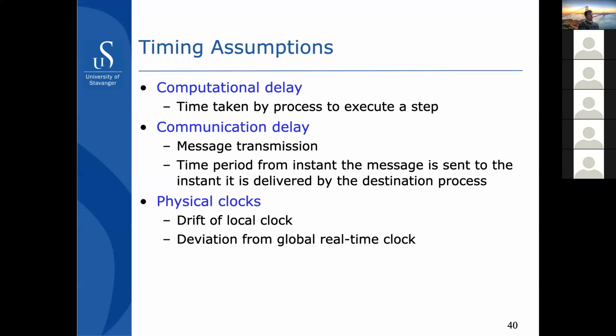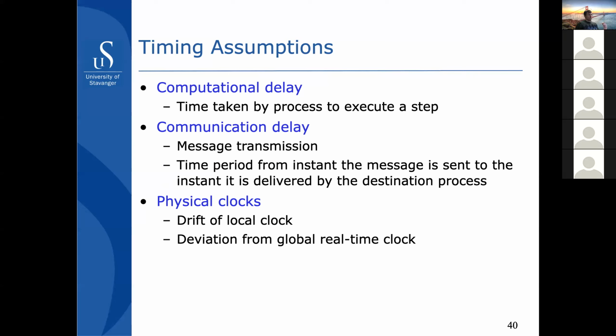Well, first, what is a delay? When I say delay, it can be computational delay, where the process is very slow. It has to do a lot of calculation and it takes a long time to finish.